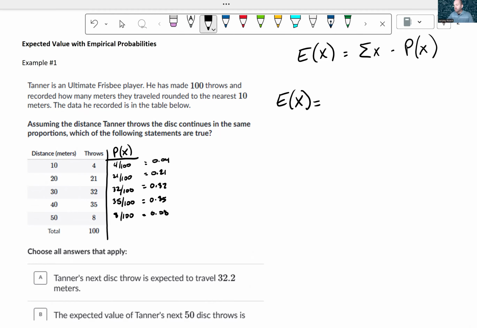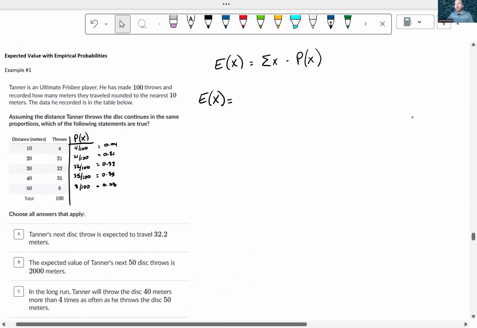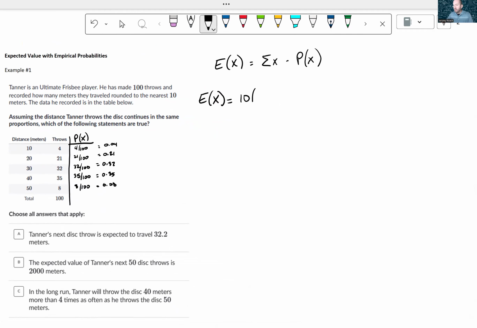And I'm going to zoom out a little bit so we have some more room to write here. So for 10 meters, the probability is 0.04. And I think earlier I might have said this is X for the throws. That was a mistake. The distance in this case is our X.